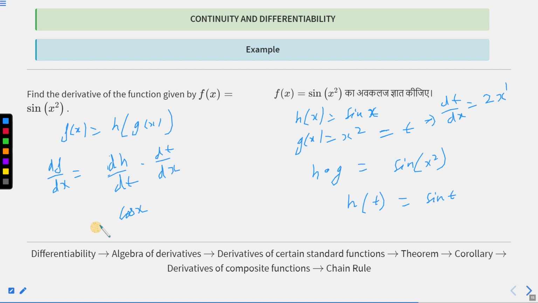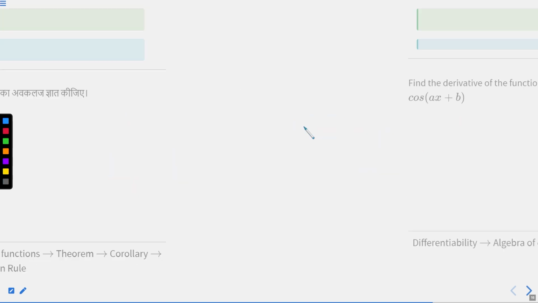So your final answer will be 2x cos of x square. Clear? I hope that it is simple. By just using the chain rule we are doing this. So far you have to remember just some of the standard forms, the chain rule, and the main definition. That's all you have to do.